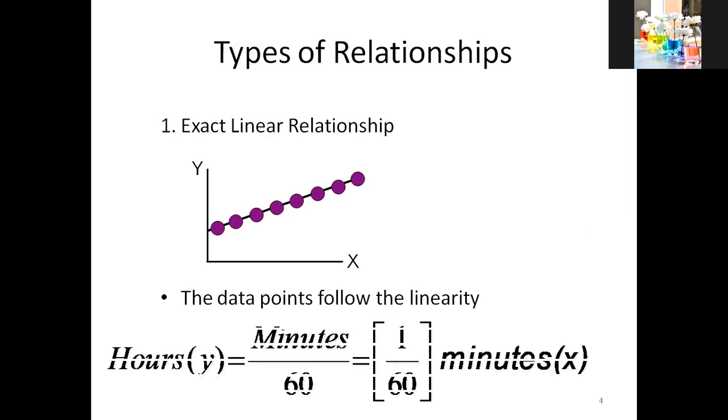Naturally, you don't get this. For example, the relationship between hours and minutes. If you take hours on the y-axis and minutes on the x-axis, definitely all the values lie on a straight line, because when you divide minutes by 60, it gives hours. So 1/60 times minutes.